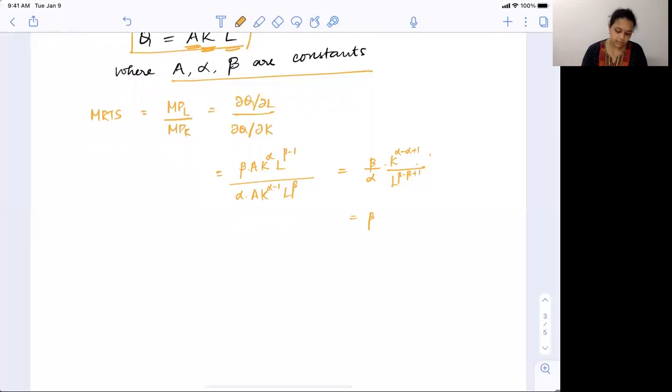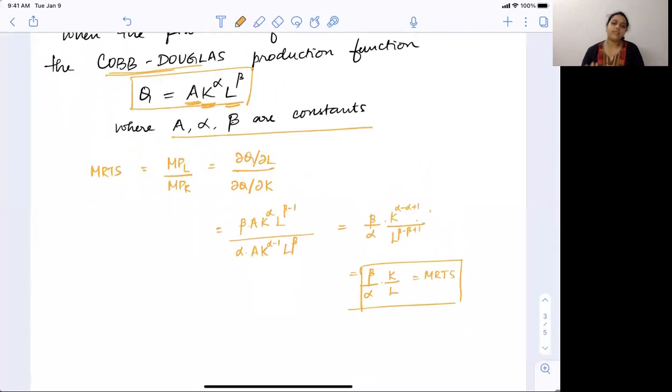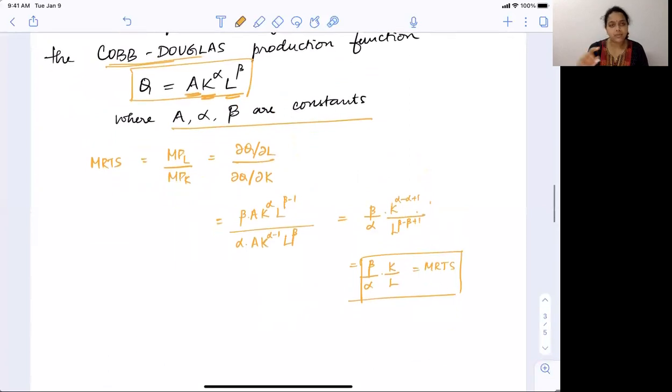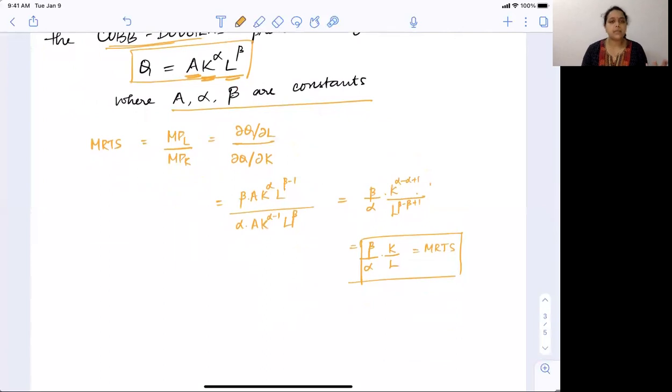So you end up getting beta by alpha into K by L, and that is your MRTS. Sometimes you may be given specific values of K and L and asked to figure out what MRTS is. Or you may have different values for alpha and beta, intended to freak you out by giving you very complex numbers like 0.66 and 1.35 and so on. But the principle is the same.